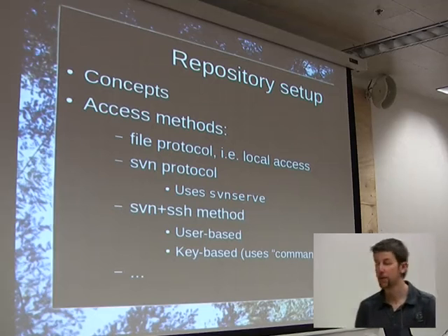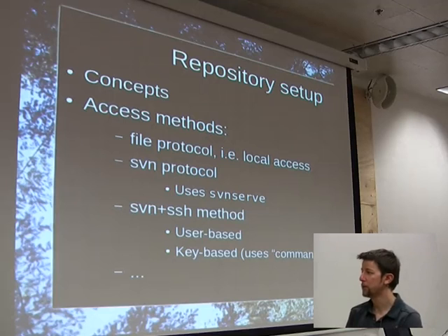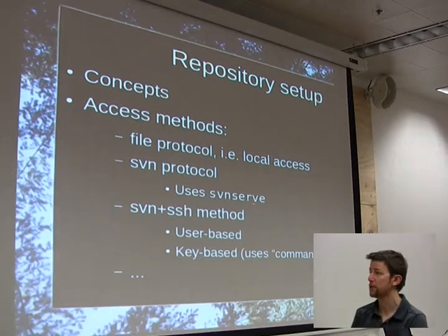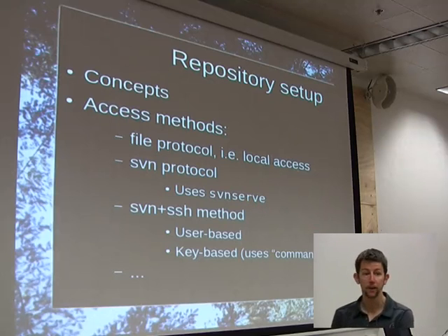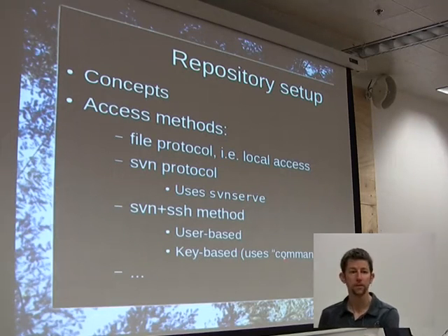And to cut a long story short, the command that is forced to be run when you're using the key-based method is a variant on svnserve which actually specifies a username. And this username is a fake user. It doesn't have to be and shouldn't be a user that's actually present on the machine where the repository is.